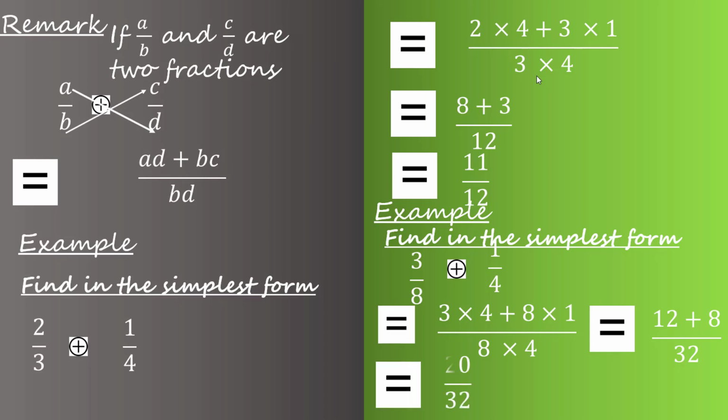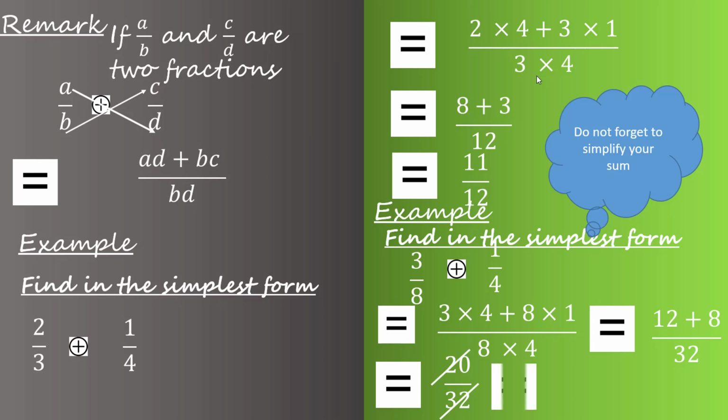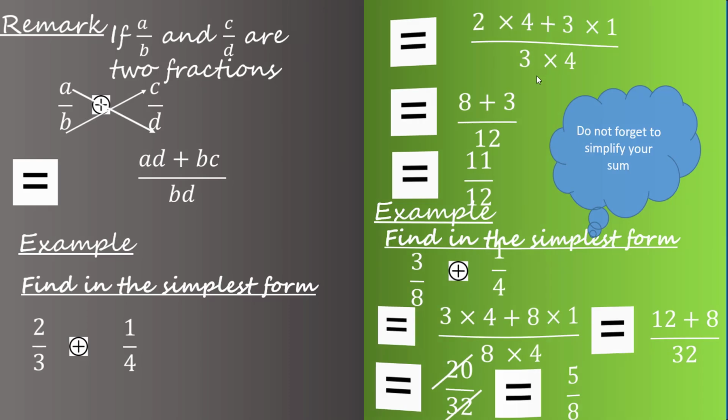So it will be 20 over 32. Look, 20 over 32 is not in the simplest form. We can divide here by 4. So don't forget to simplify your sum. So dividing by 4, it will be 5, and dividing by 4, it will be 8. So the simplest form is 5 over 8.